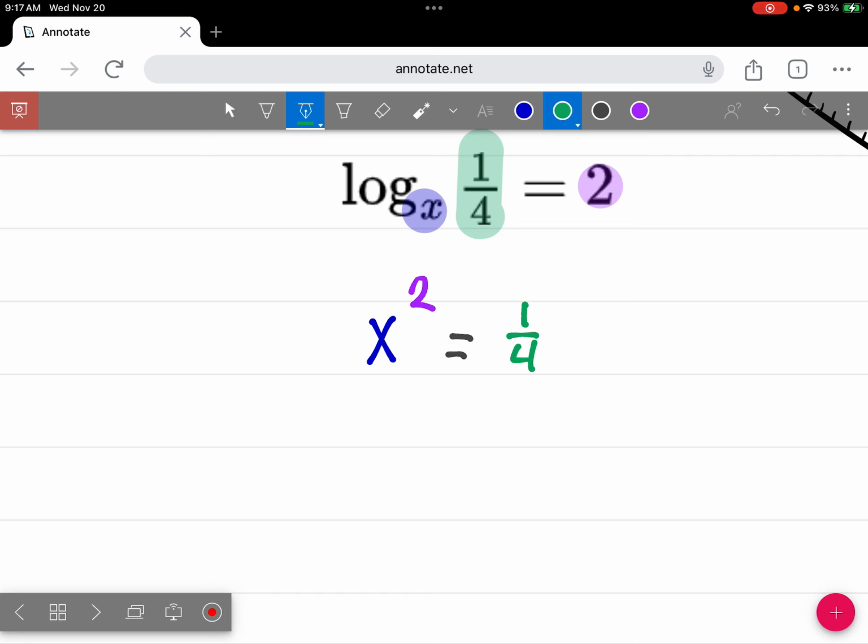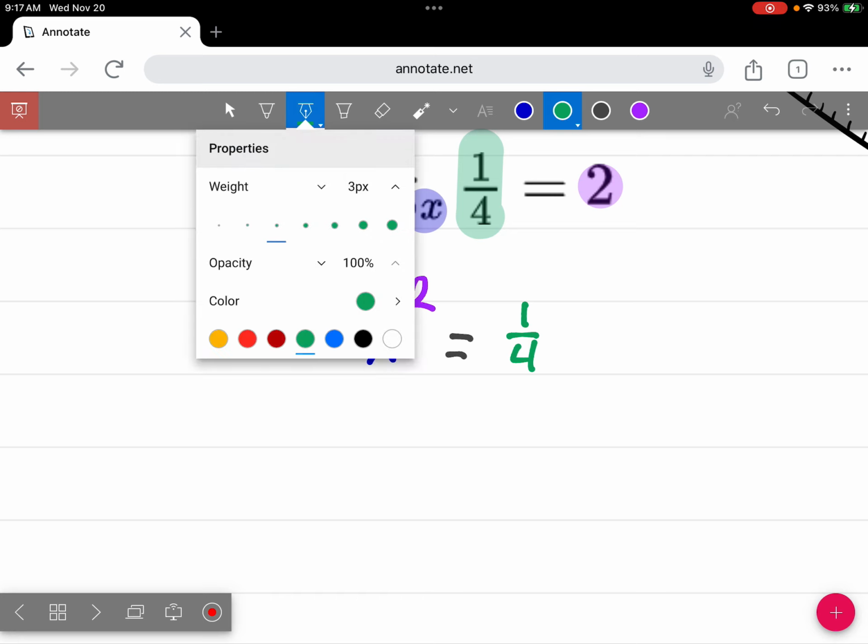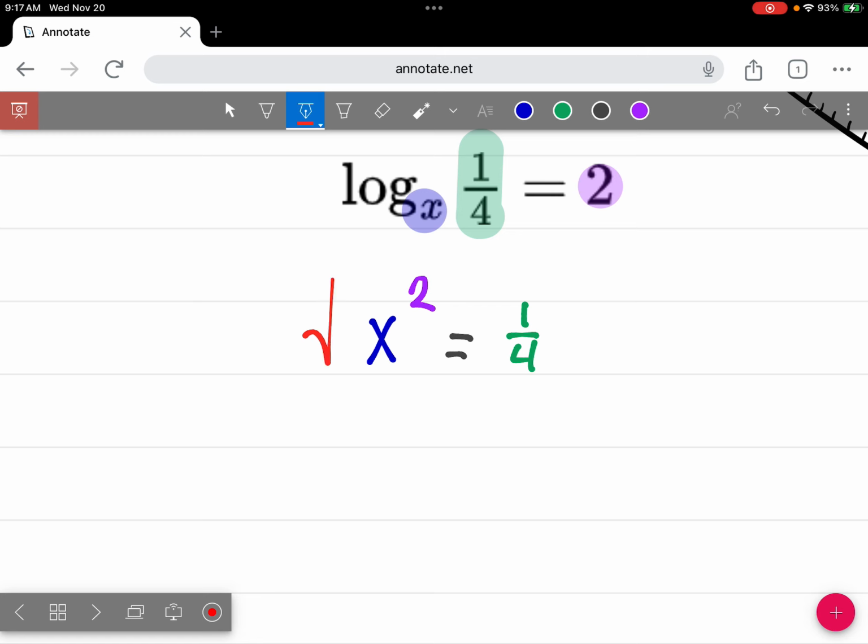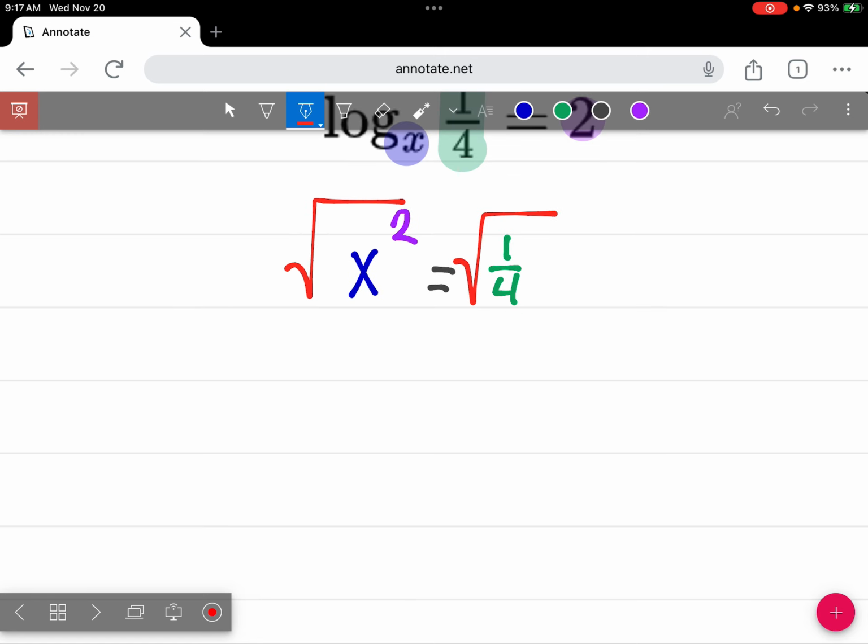What can I do now? Square root both sides. I'm trying to solve. It's an x squared. Square root both sides. When I square root both sides of an equation, what do we need to have? Plus or minus. What is the square root of 1/4? 1/2.